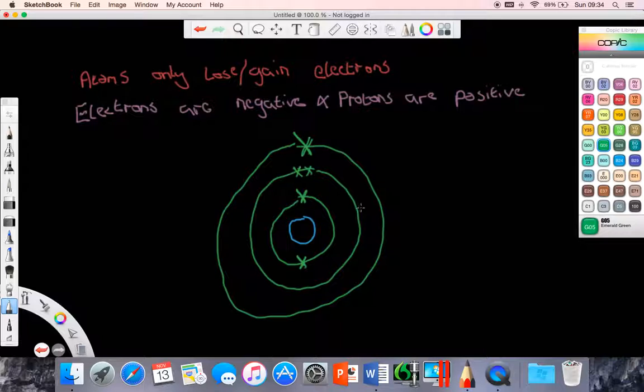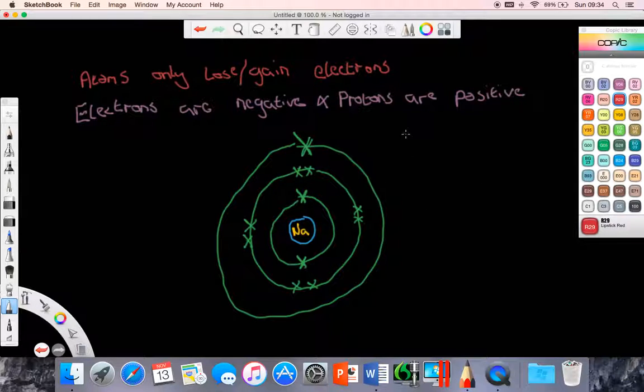So 1, 2, 3, 4, 5, 6, 7, and 8. So this is sodium, Na, period 3, group 1, so it has 1 electron in its outer shell. Its outer shell can hold 8 electrons.